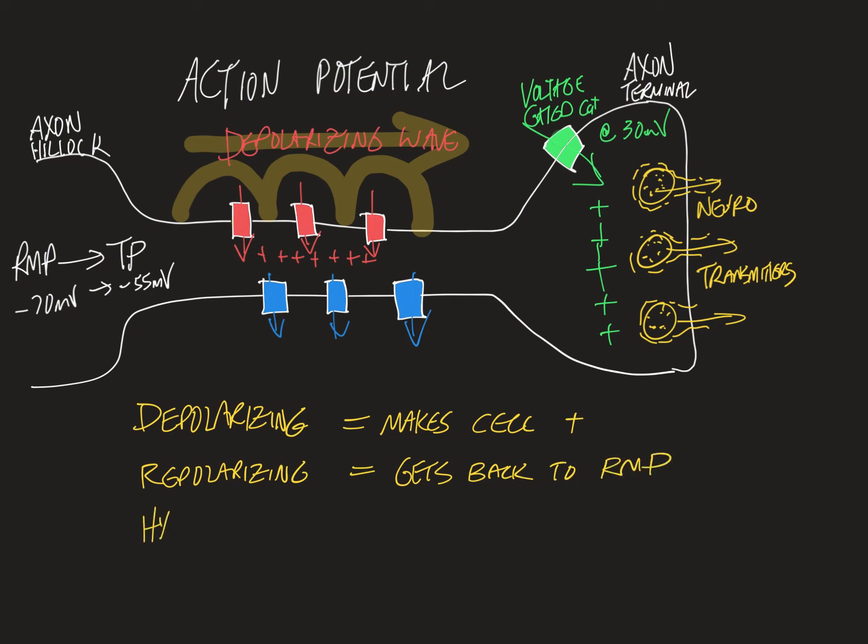And there's hyperpolarization, which makes cell more negative. All right, so these are the things, and you have to go through all three, and it's just rinse and repeat kind of thing. That's about all cell action, nervous system function, muscle action, et cetera, et cetera.